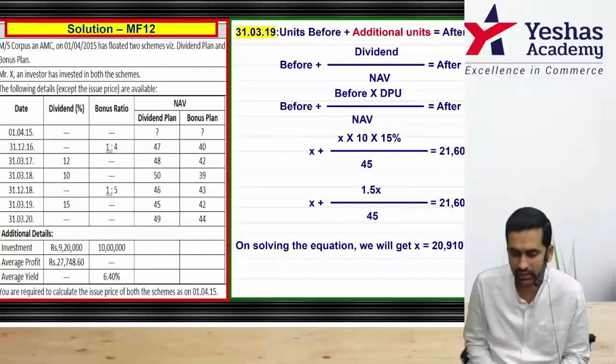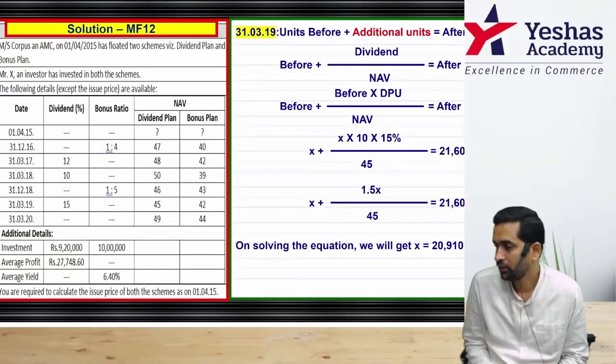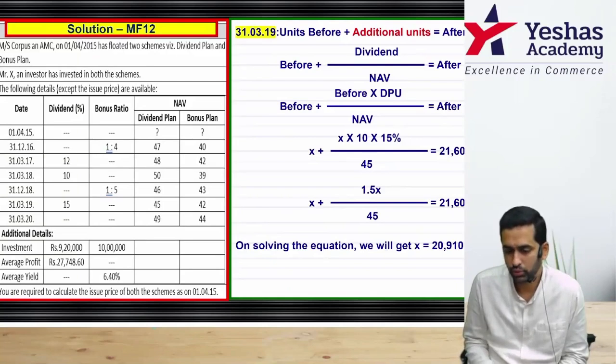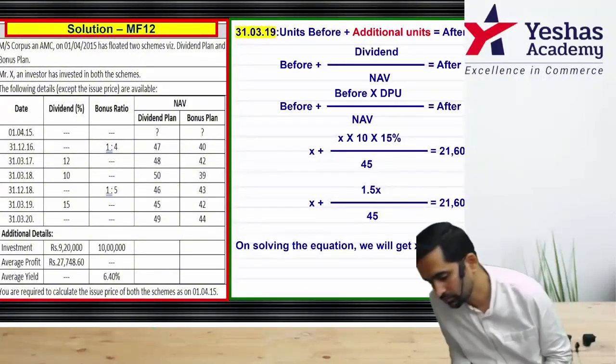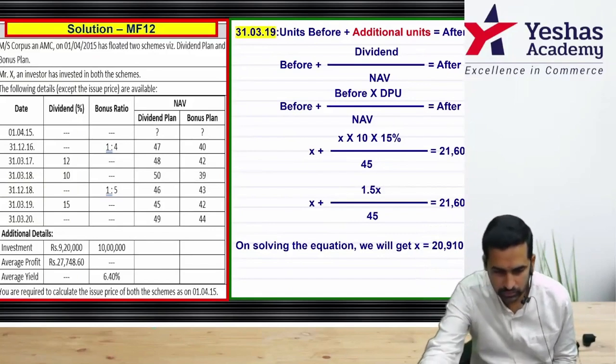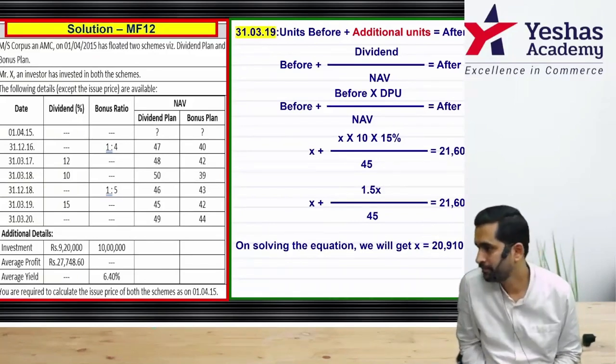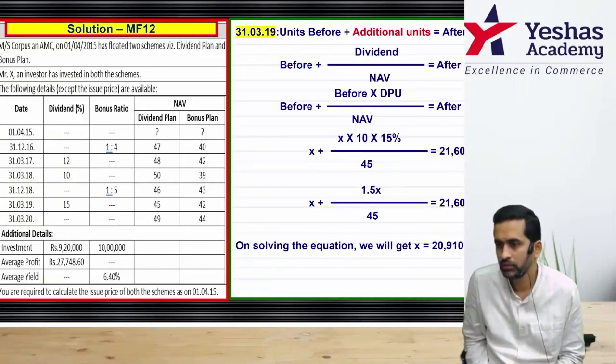That day the prevailing rate is 45, and after that this comes to 21607. Solve the equation.